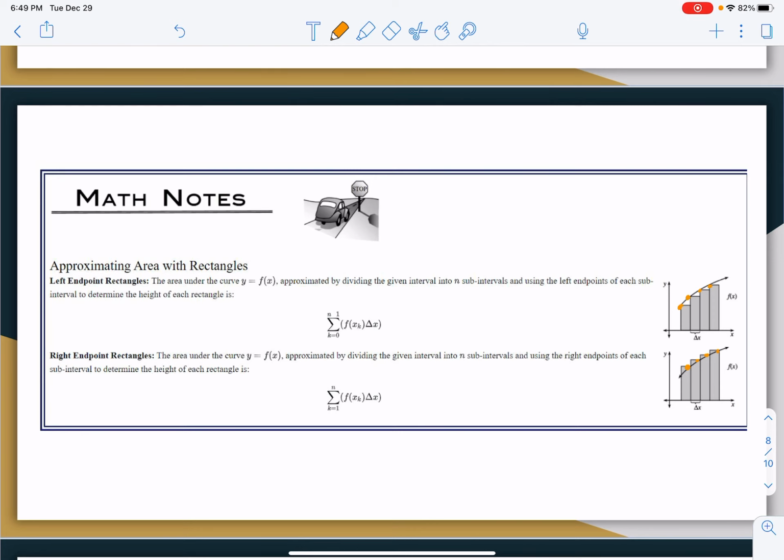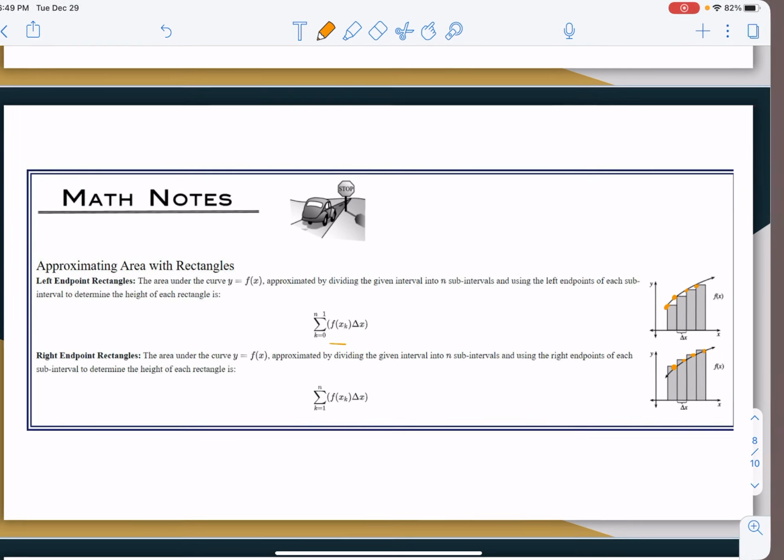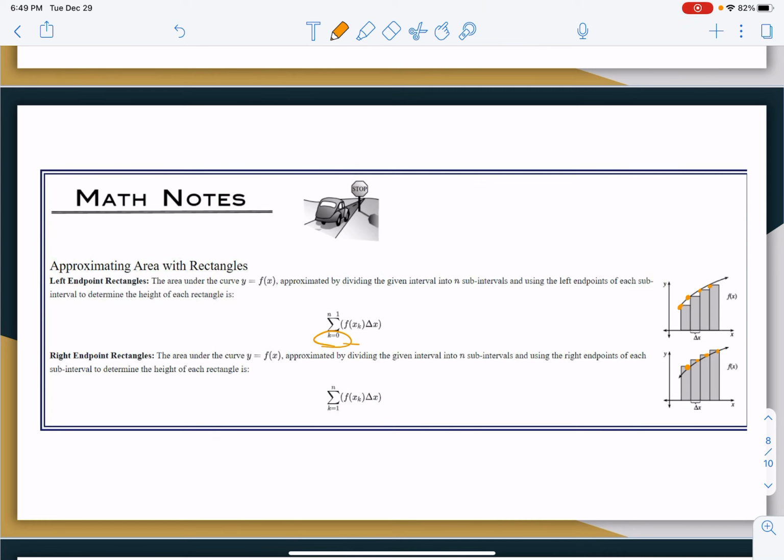And using sigma notation, left endpoint rectangles will start at x sub 0, whereas right endpoint rectangles start at x sub 1.